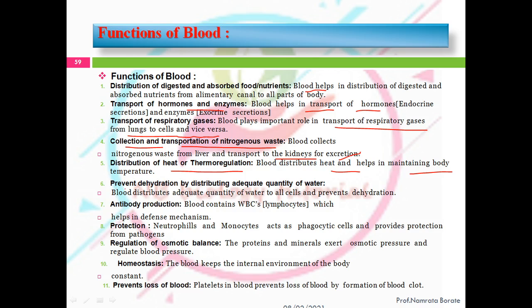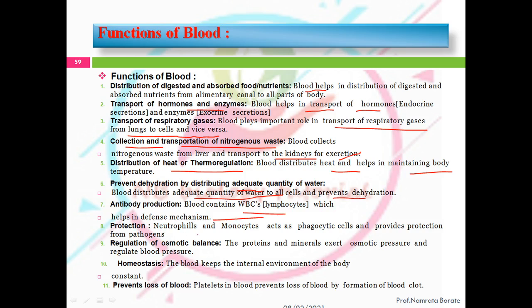The sixth one is to prevent dehydration by distributing an adequate quantity of water. Means the blood distributes an adequate quantity of water to all the cells and prevents dehydration. The seventh function is antibody production. The blood contains the WBCs, means lymphocytes, which help in the defense mechanism.